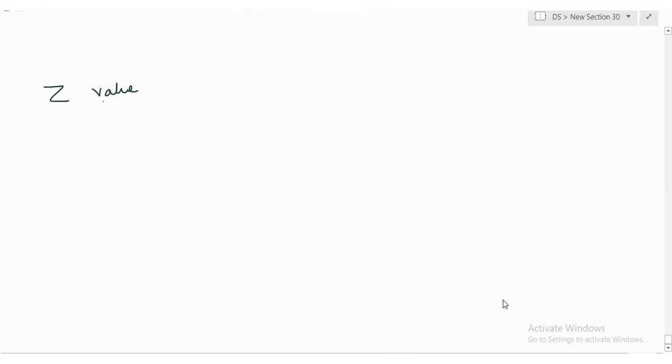Few people call this a Z score, G score or Z score, whatever. Okay, Z value calculation. For given data, you need to calculate the Z and its area.